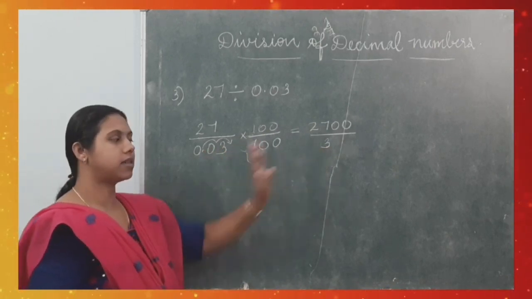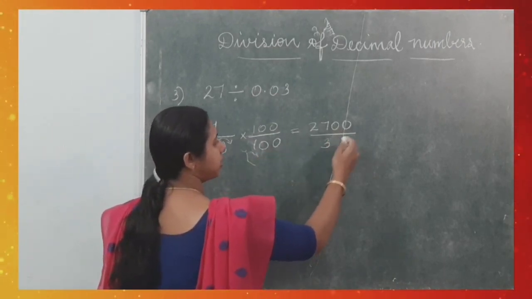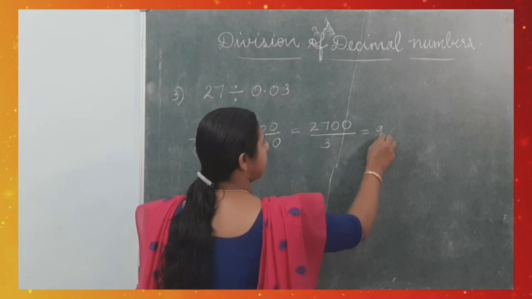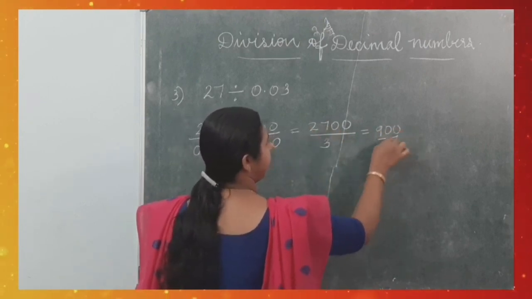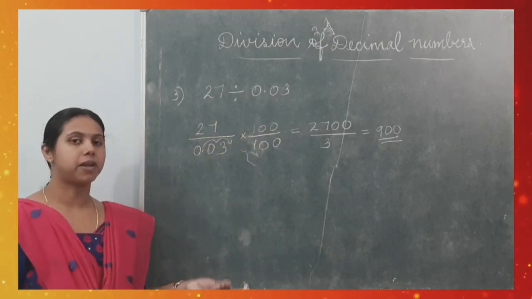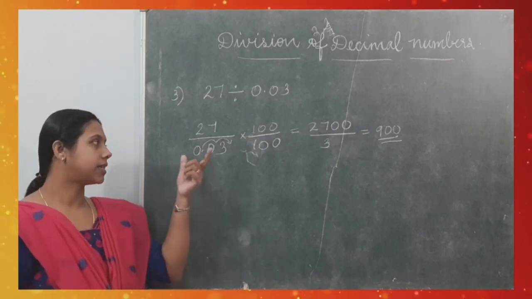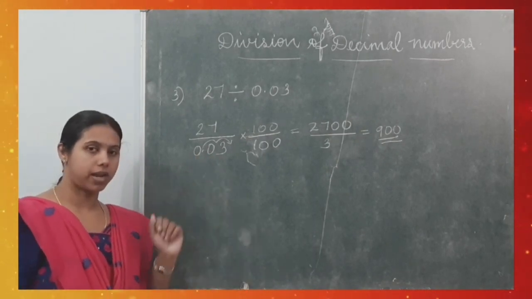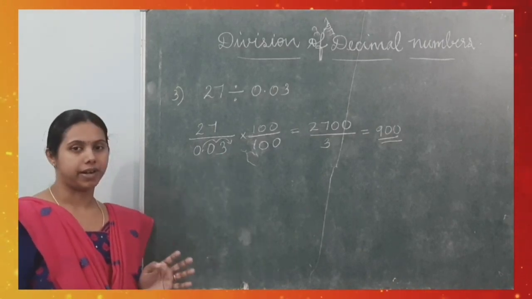So the answer is 3. So 2700 by 3, that is equal to 900. 3 9s are 27. While dividing a decimal number by another decimal number, you should convert the denominator into a whole number, then divide it.